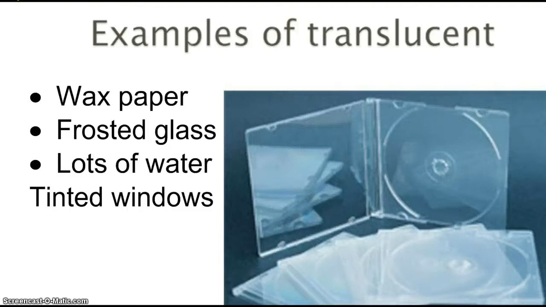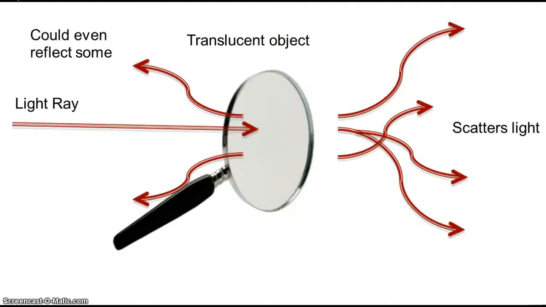Frosted glass, lots of water, and tinted windows. Picture time. So, in translucent objects, the light ray goes through here, and then it kind of scatters, so light doesn't travel in a straight line as it moves through the object.